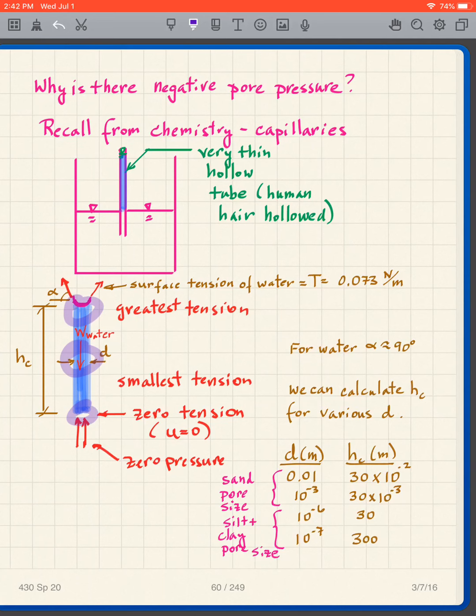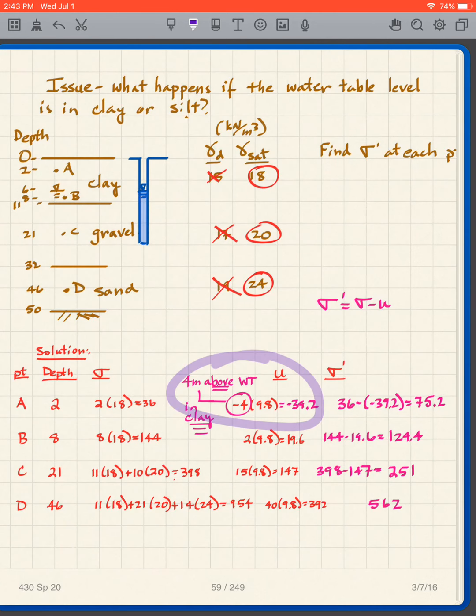So as we go up this water column, we get more and more tension. So that is the reason that, let's go back to this page here, that is the reason that we have the -4. Why? Because we're 4 meters above the water table here.